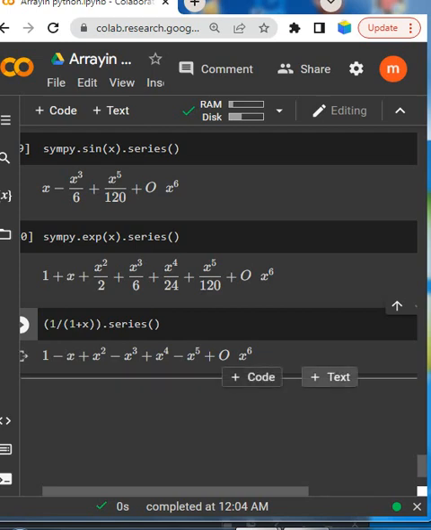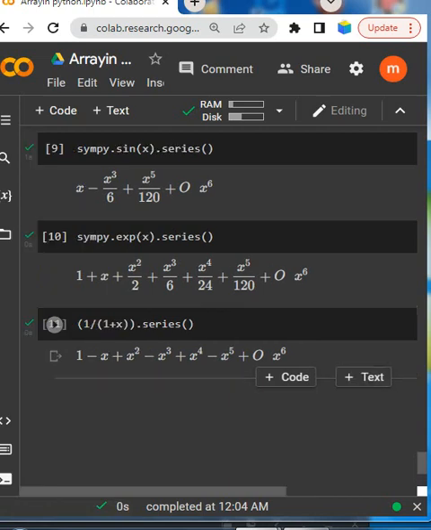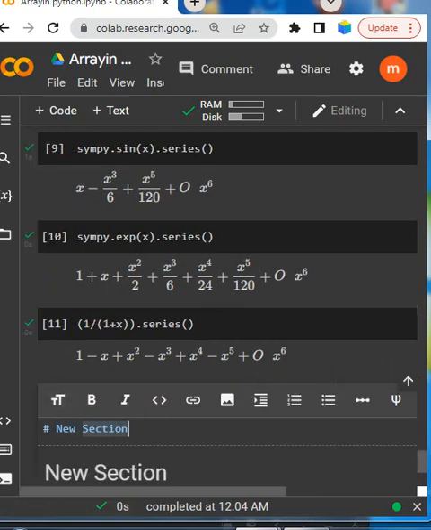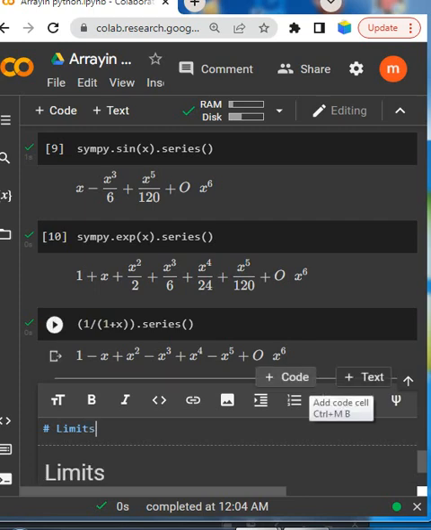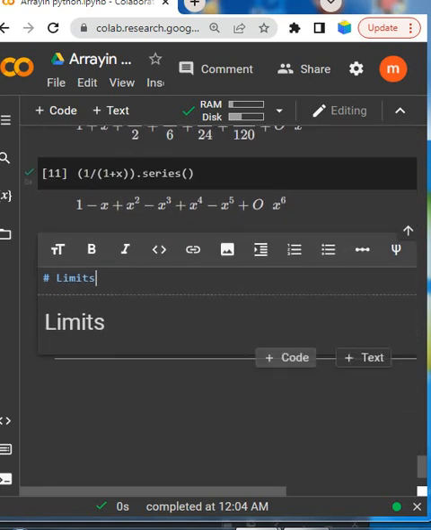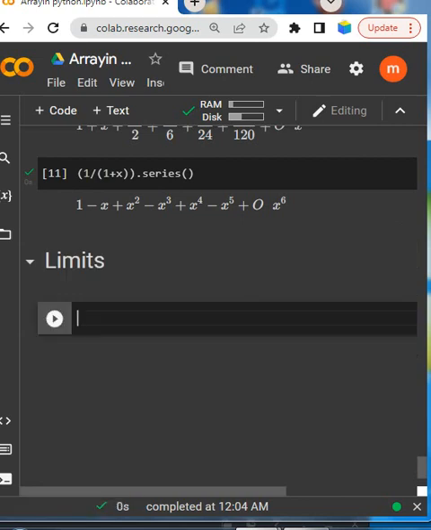Now I am going to discuss limits. This is the most important. Another important tool in calculus is the limit, which denotes the value of a function as one of its dependent variables approaches a specific value, or the other variable approaches negative or positive infinity.